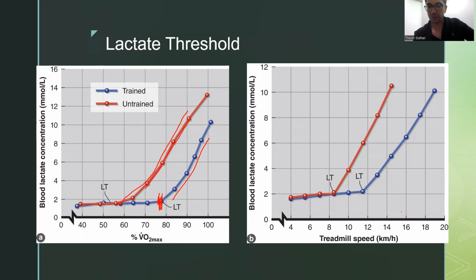If you are a long distance runner and you can get to about 11.5 miles per hour and still be below your lactate threshold, you're obviously going to finish the race faster than somebody who's running at 8.3 miles per hour, because this person can only run at 8.3 miles per hour. If they go over that, they're going to reach their lactate threshold, it's going to skyrocket, and they're going to fatigue. And so in this way, lactate threshold is kind of the speed limit, or the upper echelon of your speed at which you can maintain before you become rapidly fatigued.